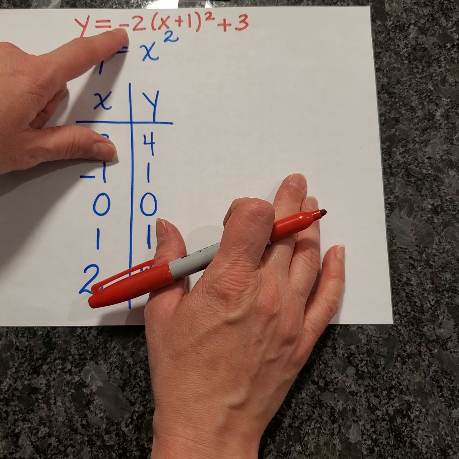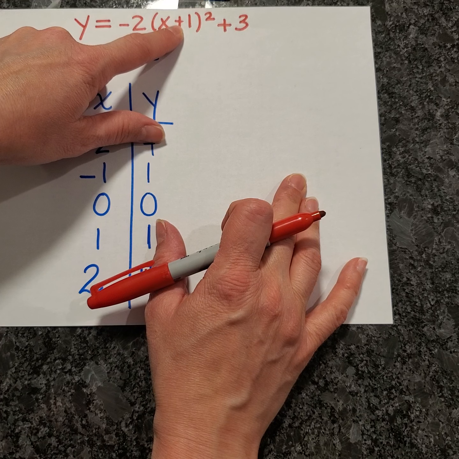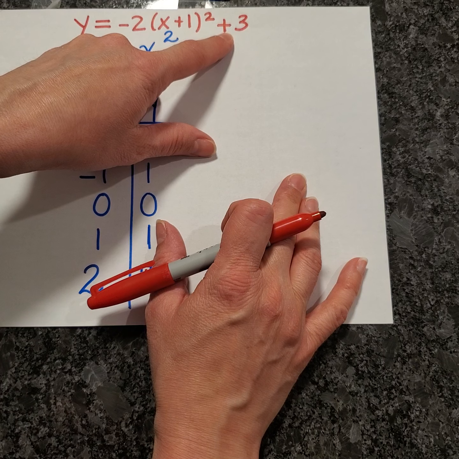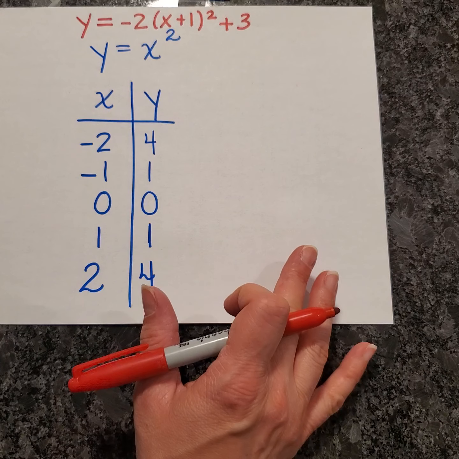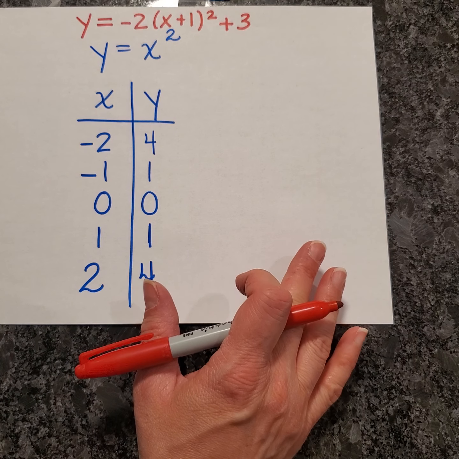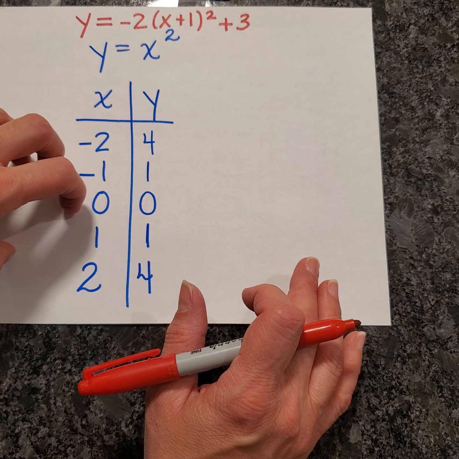Reflection in the x-axis, vertical stretch by a factor of 2, horizontal translation 1 unit to the left, vertical translation 3 units up. That's a very important skill, but we also need to be able to graph this accurately, and that's what we're about to do using a transformation table.